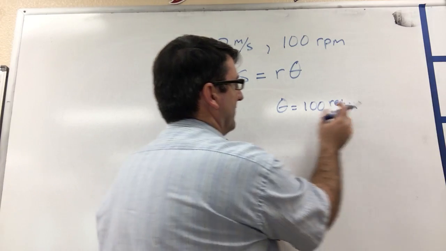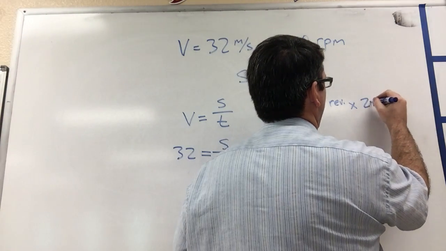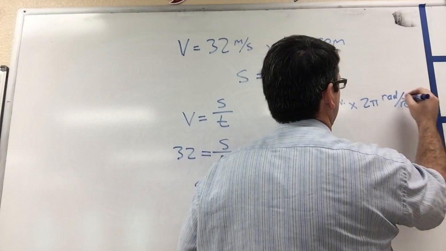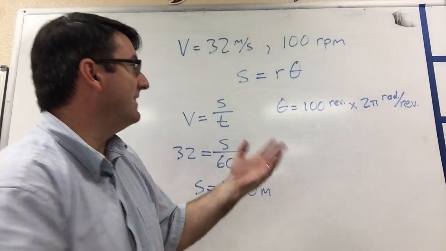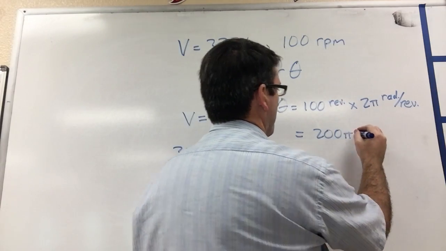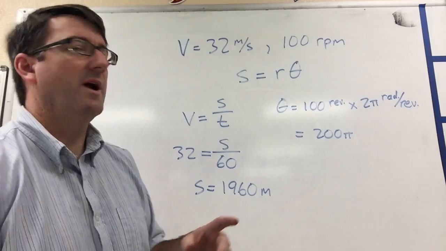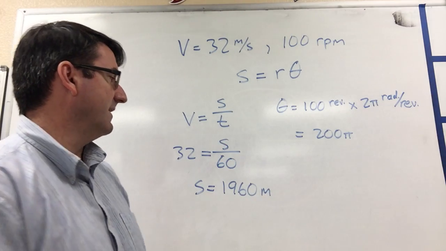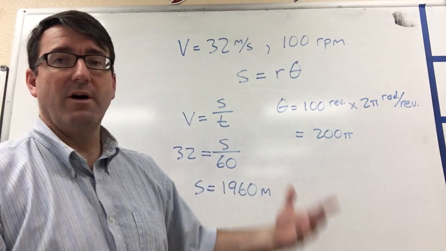So we're going to take that 100 revolutions times 2 pi radians per revolution. And that gives us an angle of 200 pi.